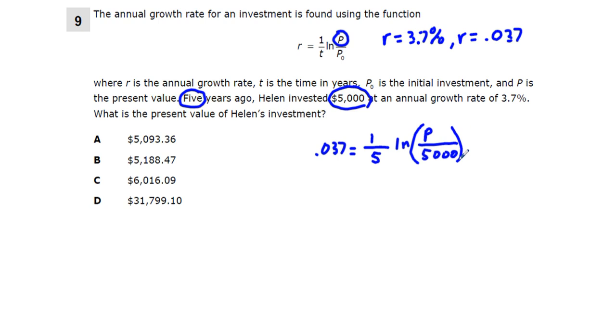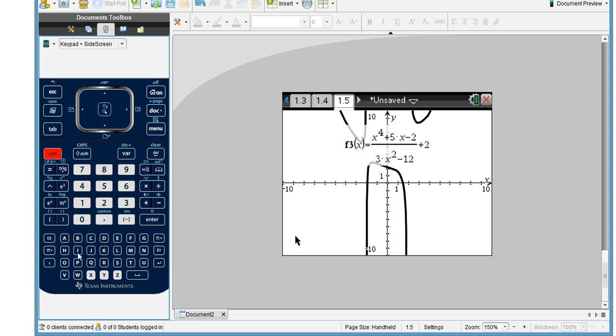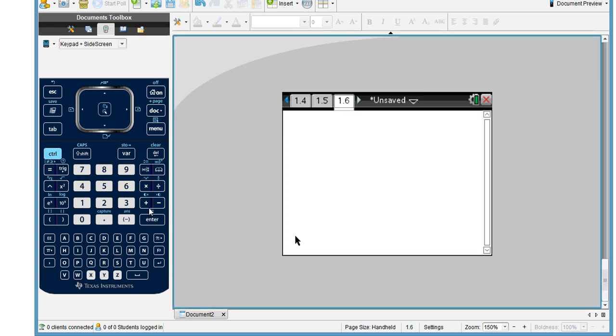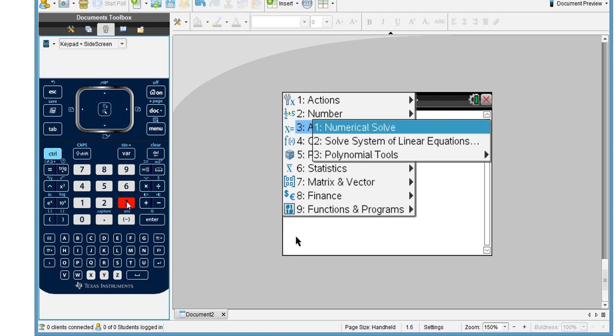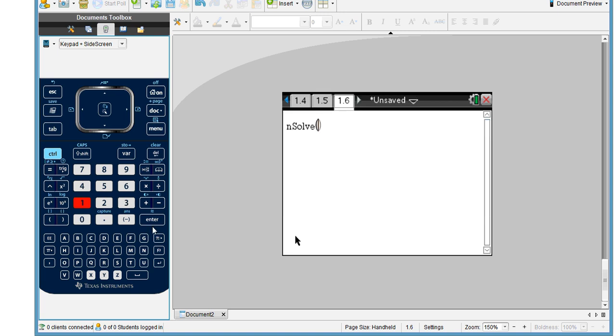And this is a perfect situation for nSolve because you have the unknown you're trying to solve for kind of mixed in the middle. Yeah, we could go ahead and do a logarithmic like we've done before, but let's just go ahead and put this in our nSolve. Control I, add calculator. Okay, menu 3.1. So we're going to have for this one 0.037 is equal to 1 over 5.